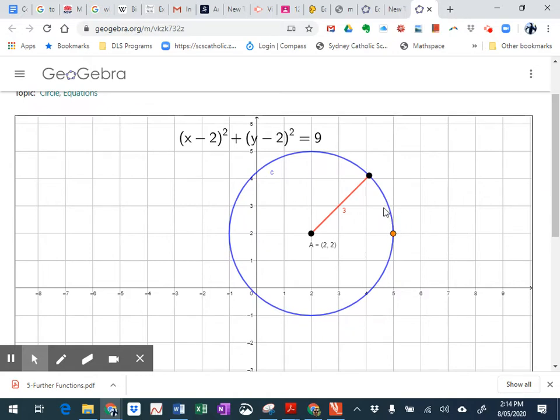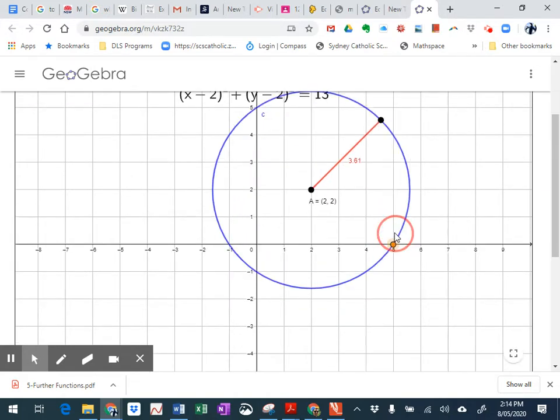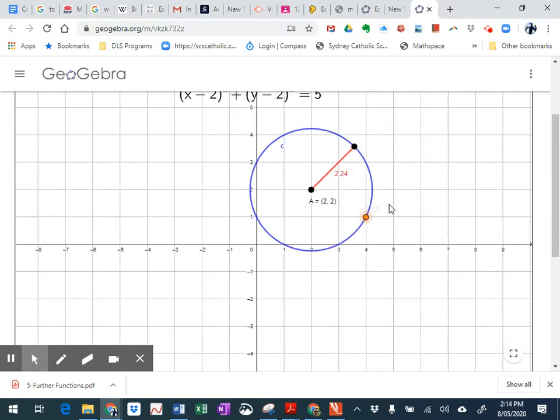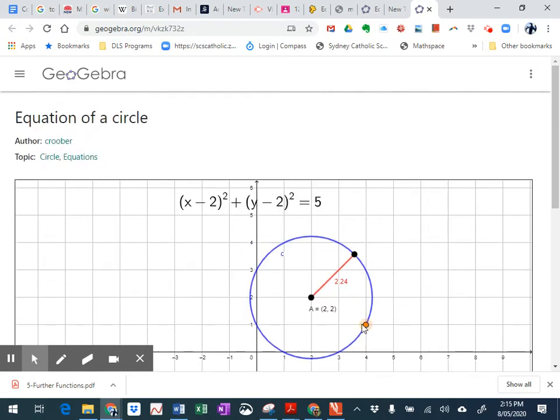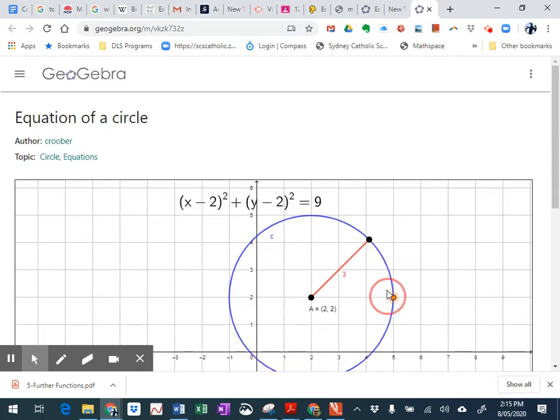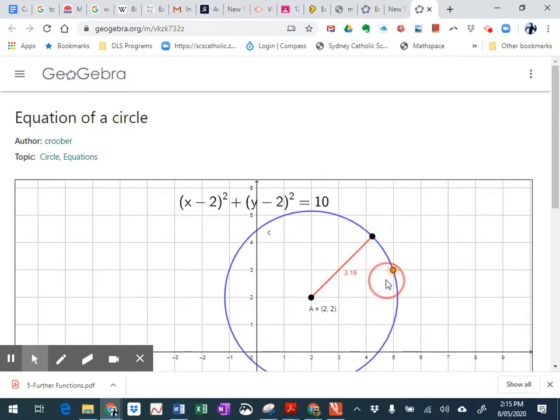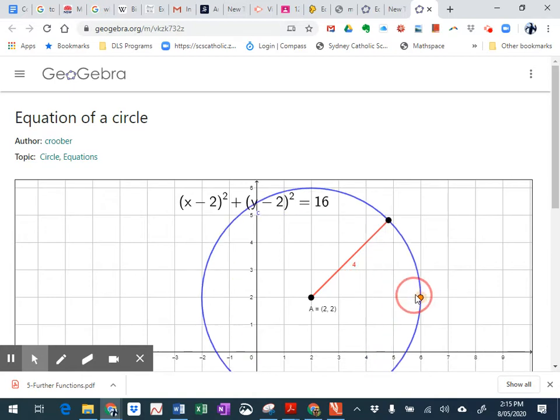If I change the radius of my circle, there we go. Let's move that down a bit. You can see the radius changing, can't you? Let me just change it up to here. You can see as my radius changes.